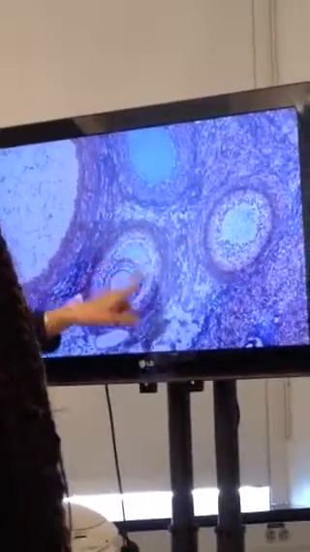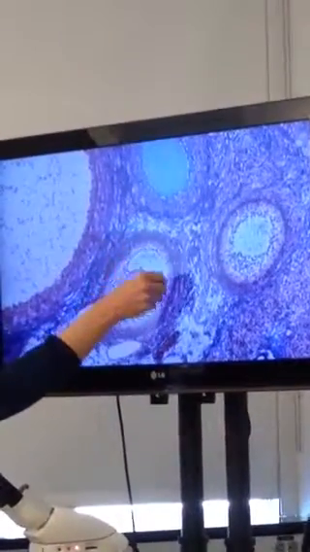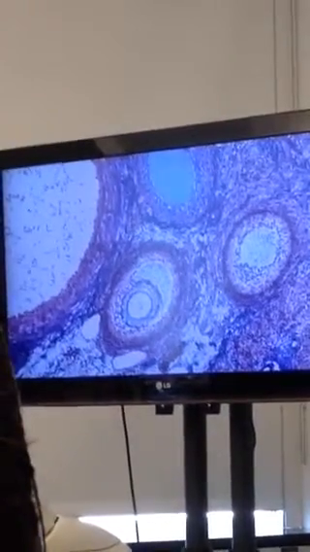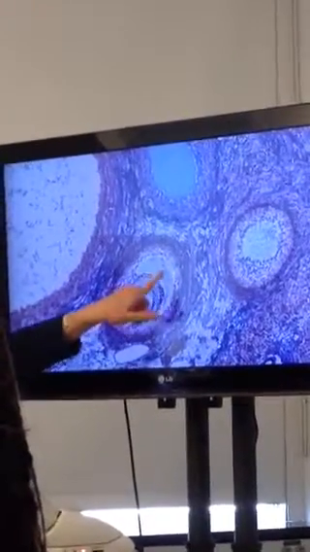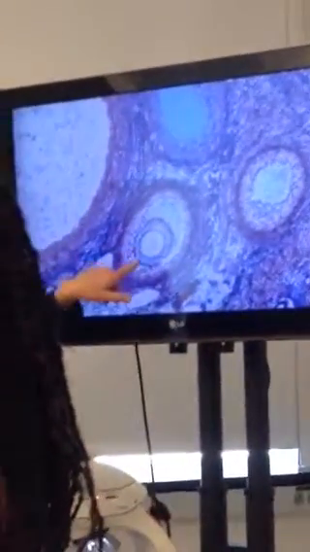That's why it's not all white, but this is actually a cavity forming. Once you start seeing that, that's a secondary follicle. Anyway, this is a secondary follicle.